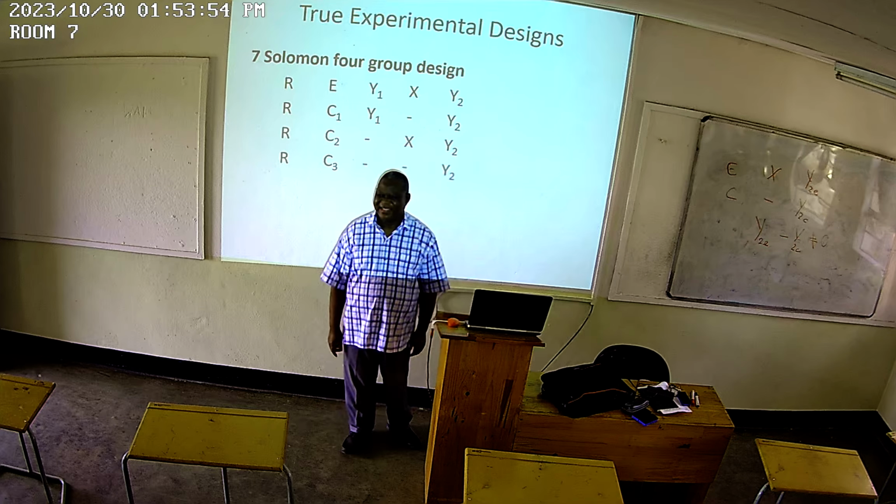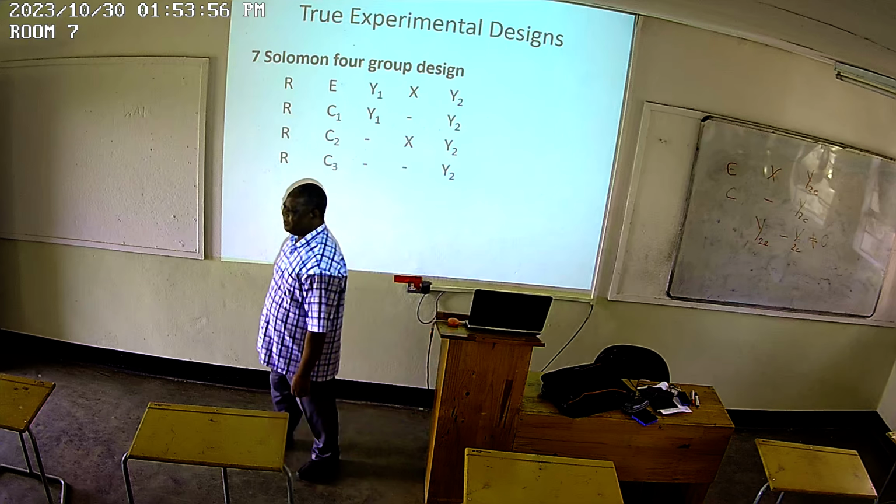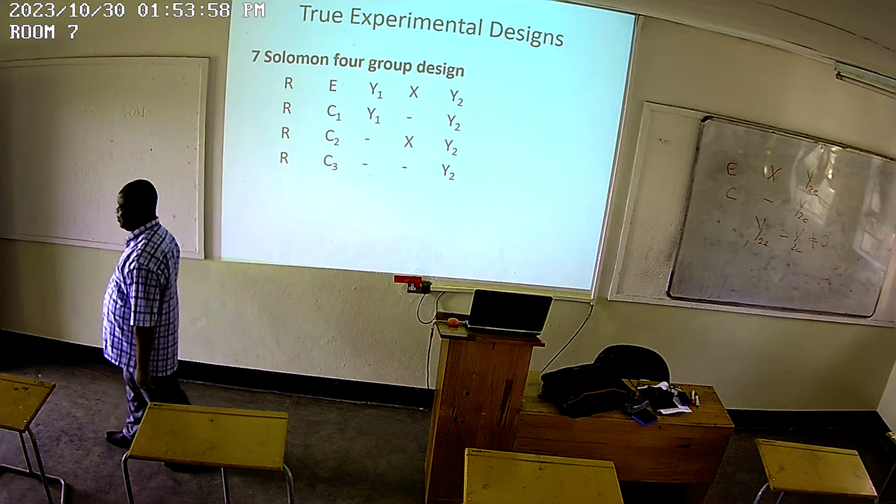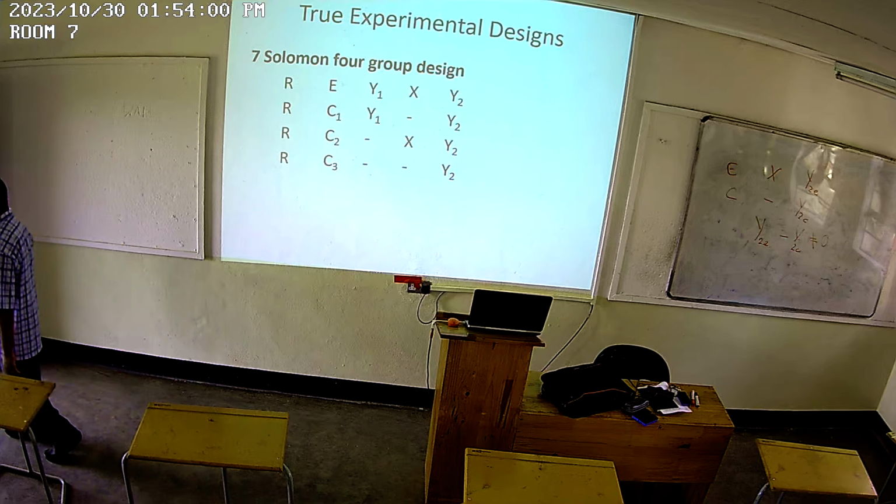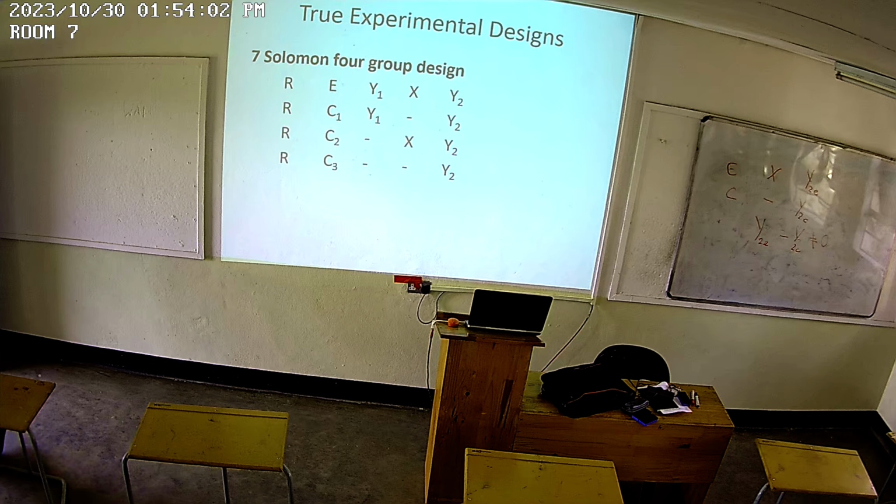What have we done now? So, the form design, what are they? Scope group, three control, and the one experimental.